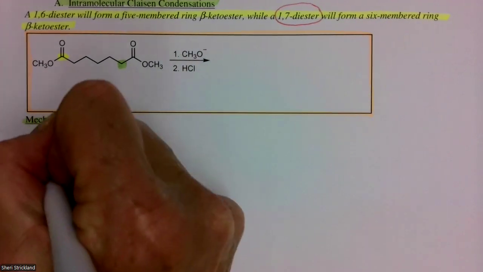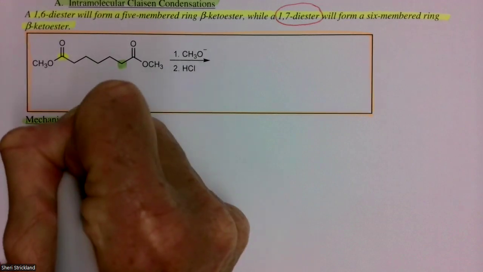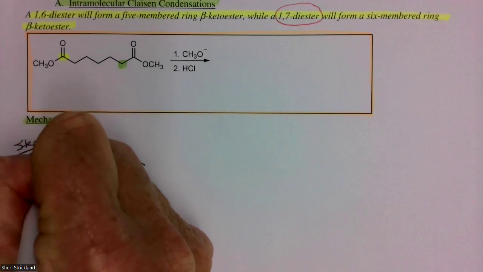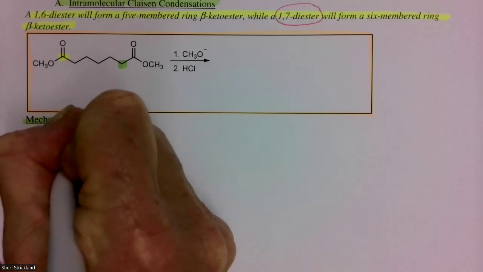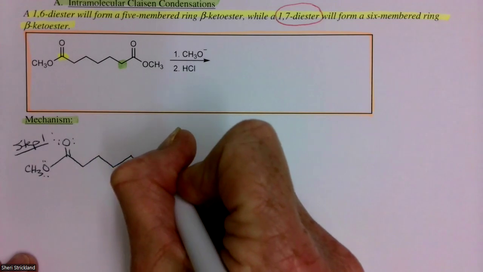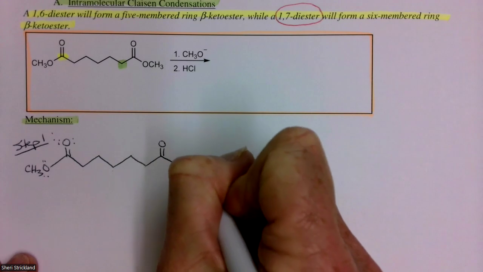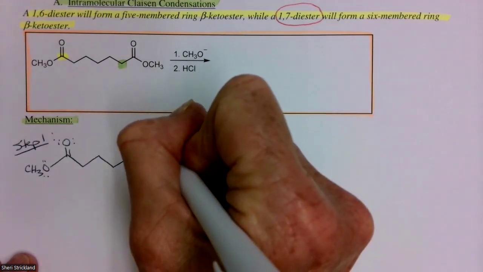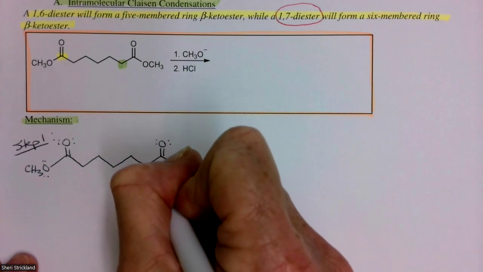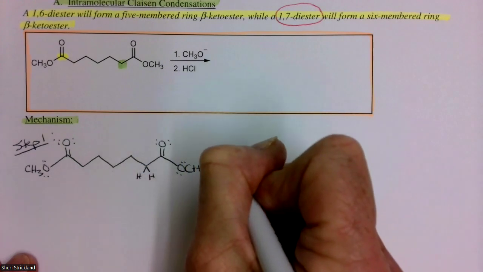All right, so I'm going to redraw my molecule here. Got an ester on one end and an ester on the other end. 1, 2, 3, 4, 5, 6, 7. And I'm going to draw in these two hydrogens that are alpha to the ester on the right because I'm going to remove one of them.